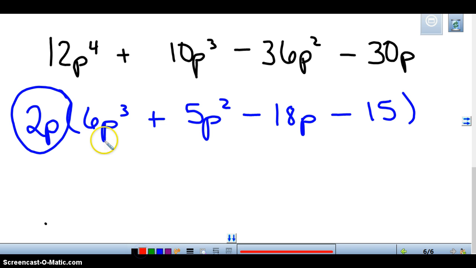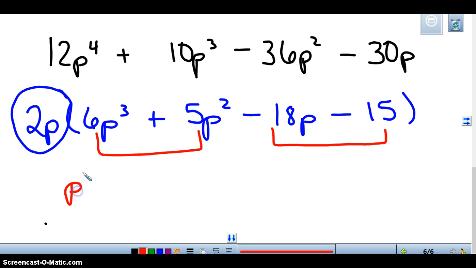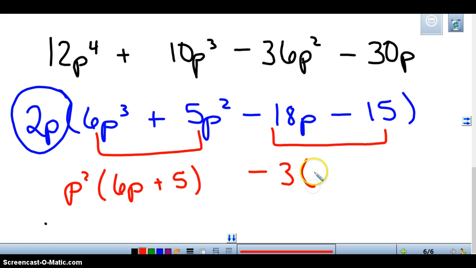Now we can use grouping to factor the four-term polynomial inside the parentheses. So what is the greatest common factor of 6p cubed and 5p squared? P squared. So we're left with 6p plus 5. What is the greatest common factor of negative 18p minus 15? Negative 3, and we're left with 6p plus 5.